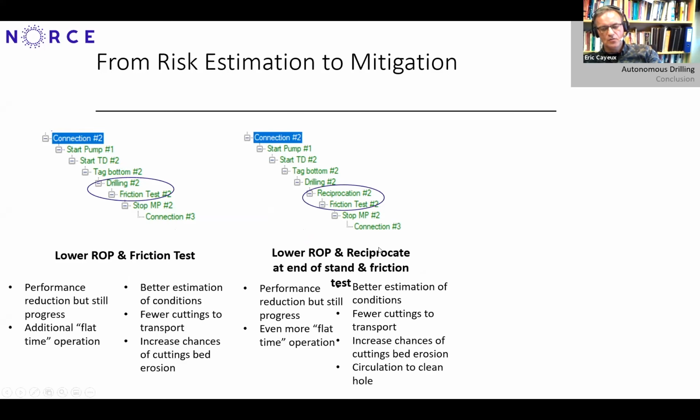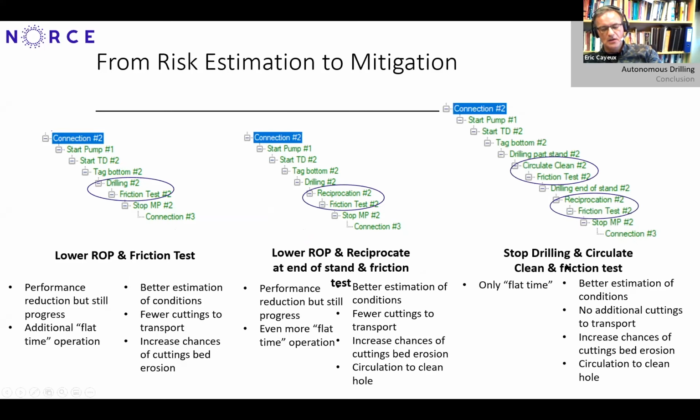Or do we really need to stop drilling, circulate the hole clean, and perform a friction test? Each of those sequences will have different costs, because that will decrease the performance, but we can gain more information and we can stabilize the situation better. And we need to look at the overall aspect of the performance to reach the section TD.